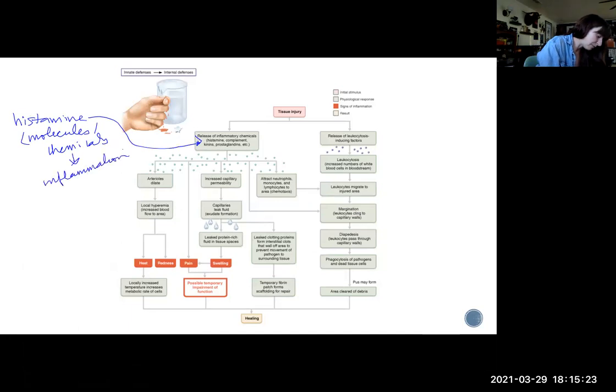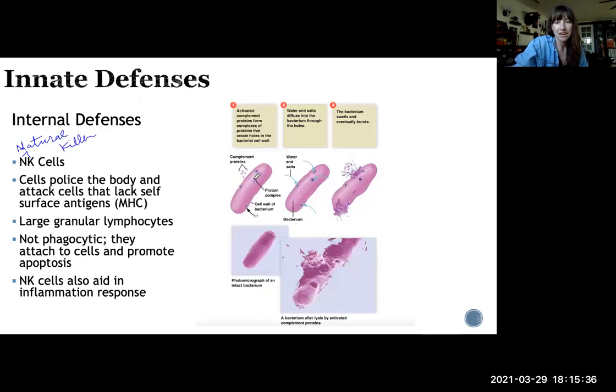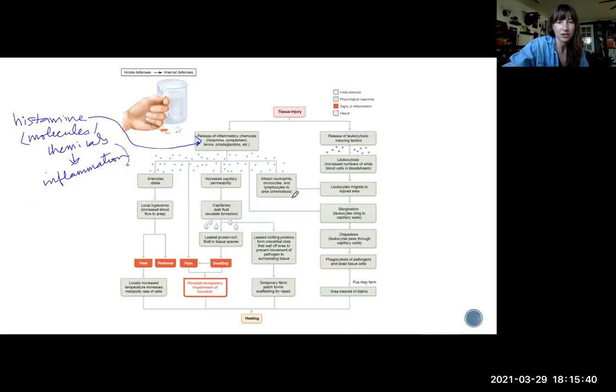like I said before, they get called in to actually lyse pathogens. So they get called in to come in. They are pointed to a particular cell, like a bacterial cell, like this guy, make a hole and cause it to burst, right? That's the complement proteins. That's what they do.